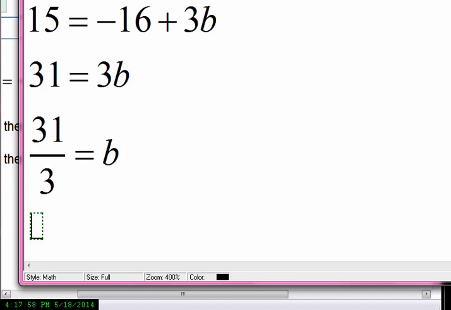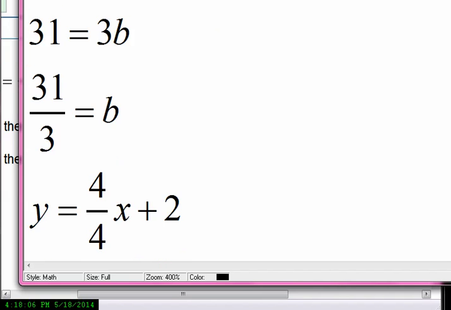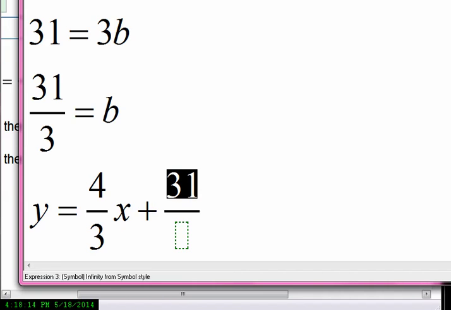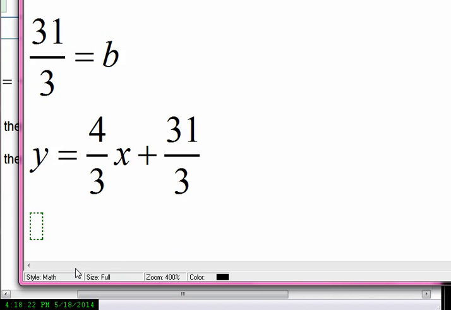So then our equation becomes y equals 4/3 x plus 31/3. So that's using the method where we substitute in and solve for b. Now I'm going to use the point-slope formula.